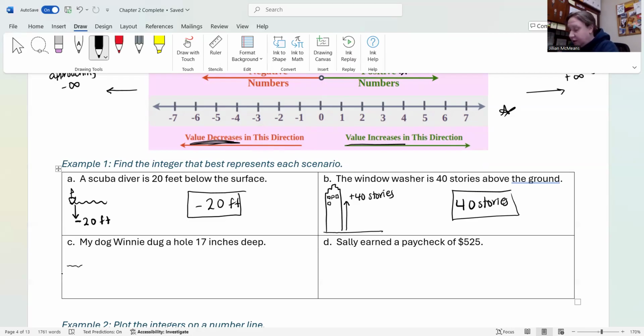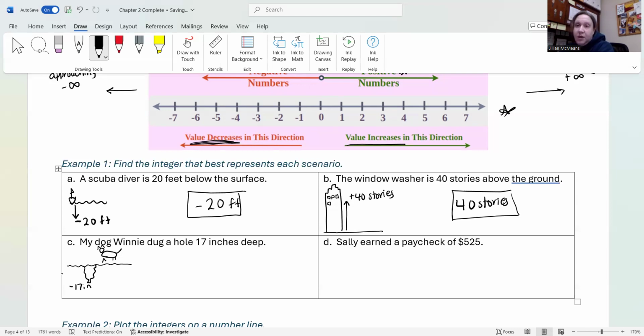So imagine the ground. Okay, this is zero. It's not positive, it's not negative, it's just zero. Okay, and sweet Winnie, we'll put her here. She dug a hole that was 17 inches deep. Now, generally speaking, when we're talking about distance, distance is always going to be positive.